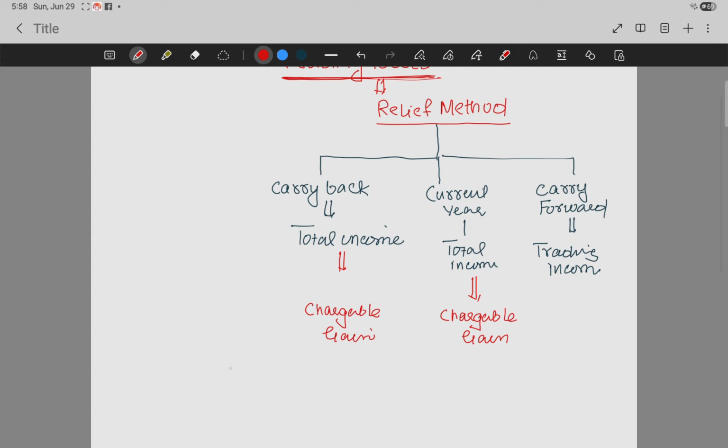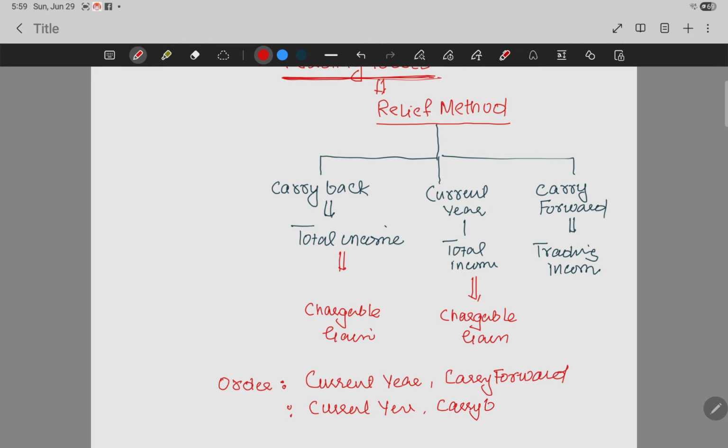In case of current year and carry back, you can follow this order: first current year, then carry forward. This is one of the options available, and another is current year, carry back, and forward.